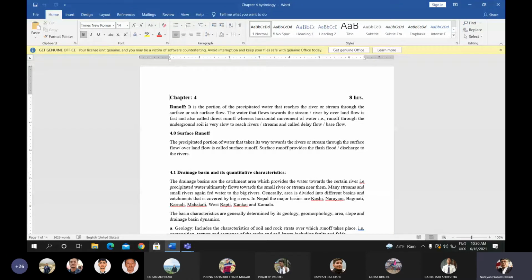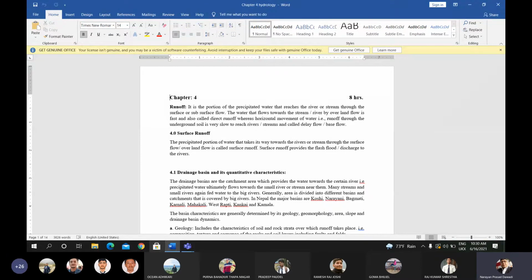Base flow provides water to the river as a delay flow. That means the flow of water that reaches the river or stream is very slow.